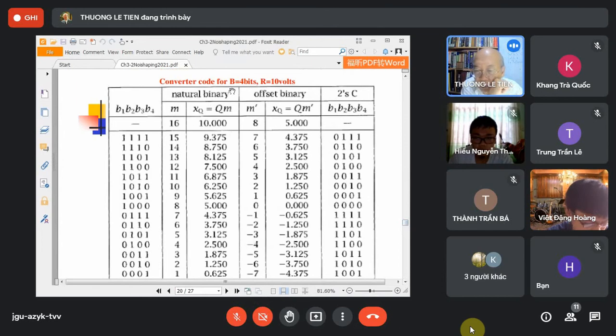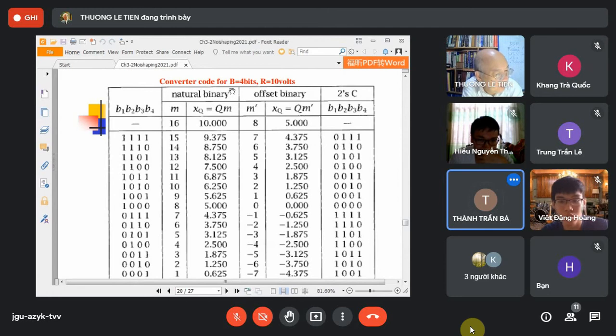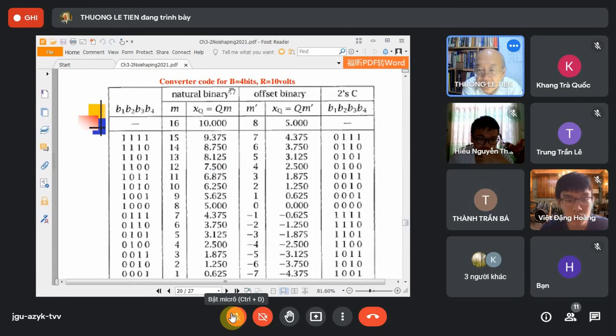What is Q, the quantization resolution? What do you think it is?